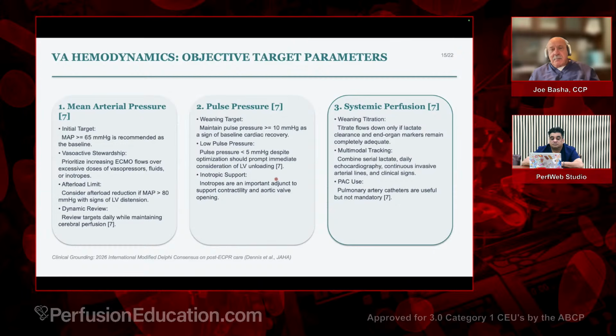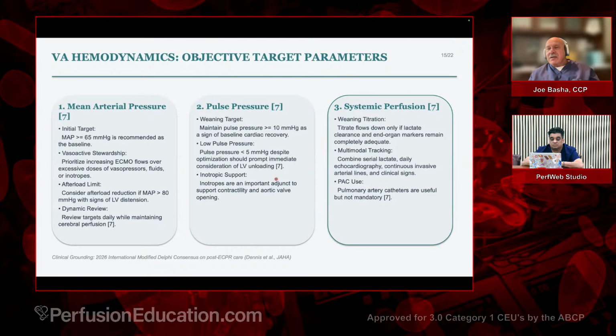A low pulse pressure of less than 5 despite optimization should prompt immediate consideration of LV unloading. That would be either the tandem or the transseptal approach for drainage, or ECPella, which is much more common these days. And then inotropes are an important adjunct to support contractility and keep the aortic valve opening. You do not want to get a thrombosed LV.